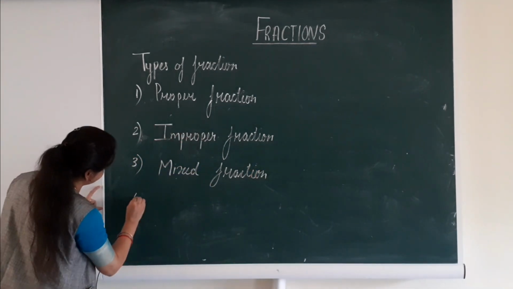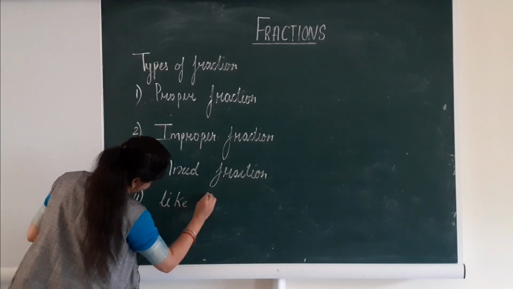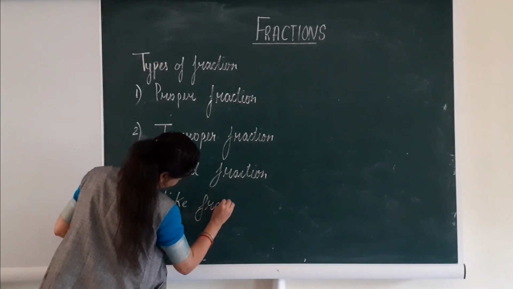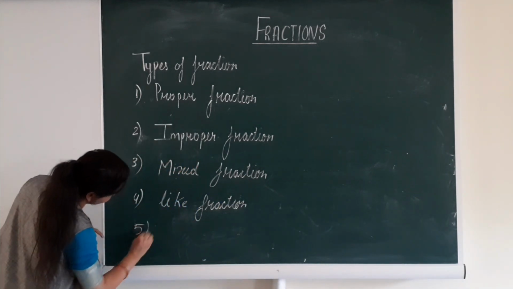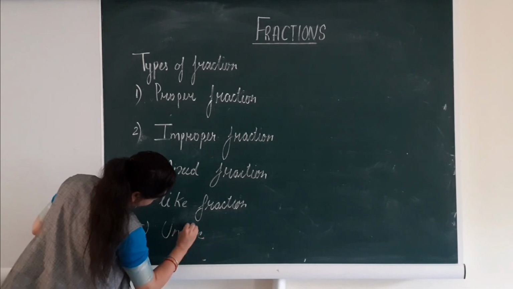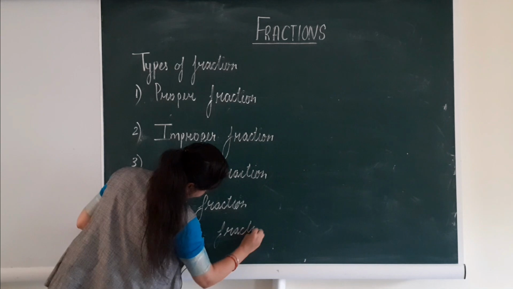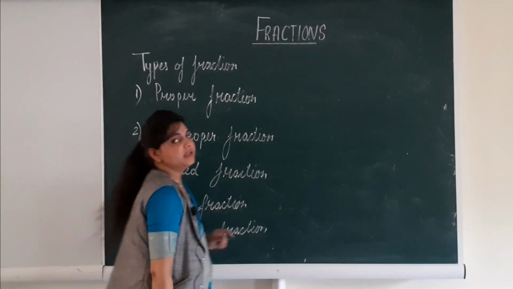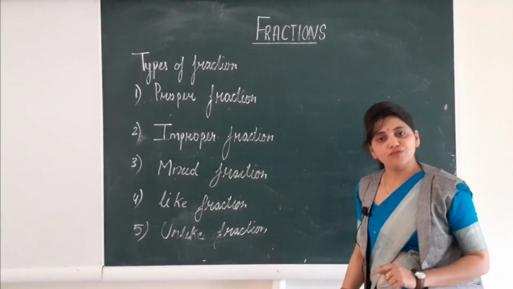Fourth is like fraction. Fifth is unlike fraction. These all 5 were the types of fractions.